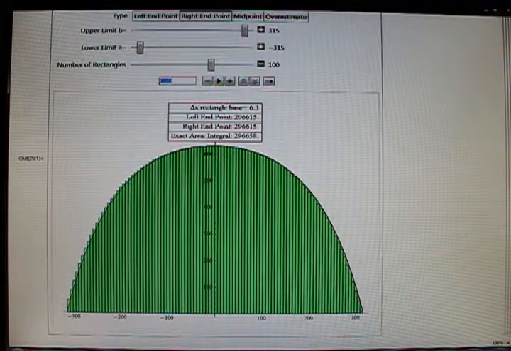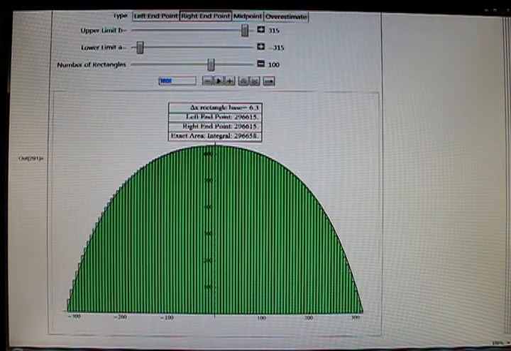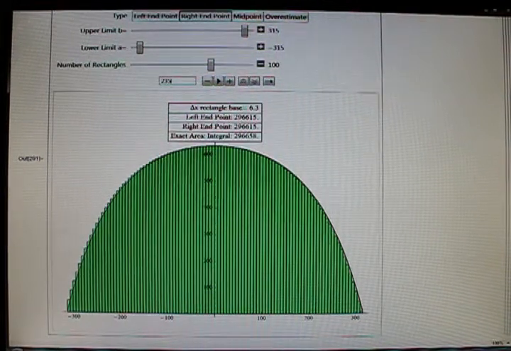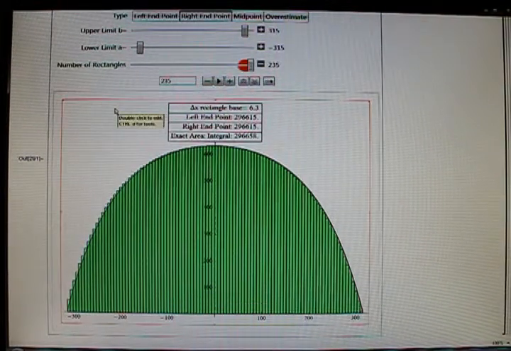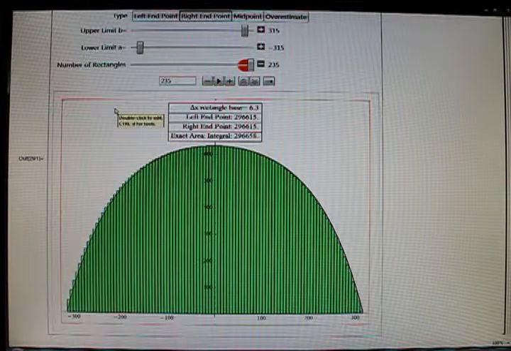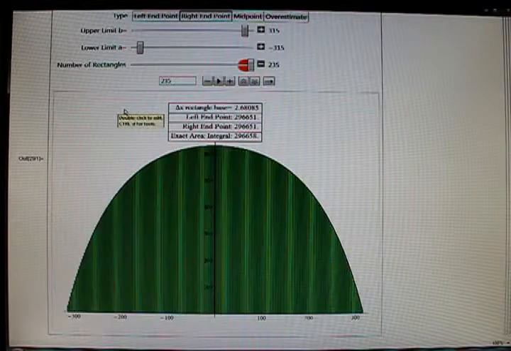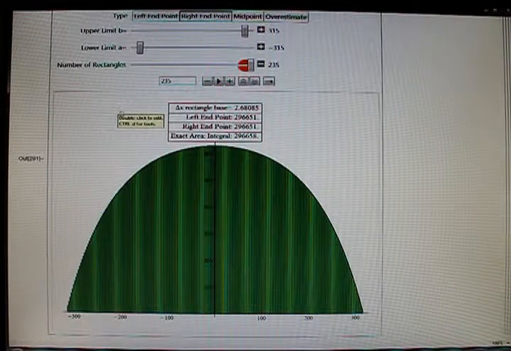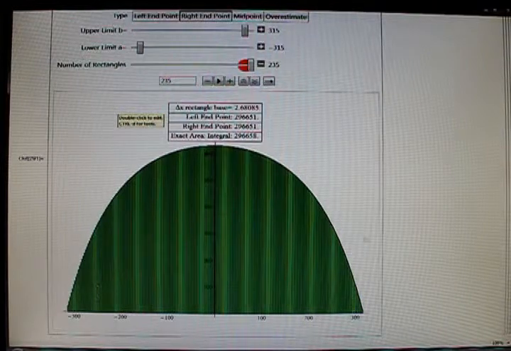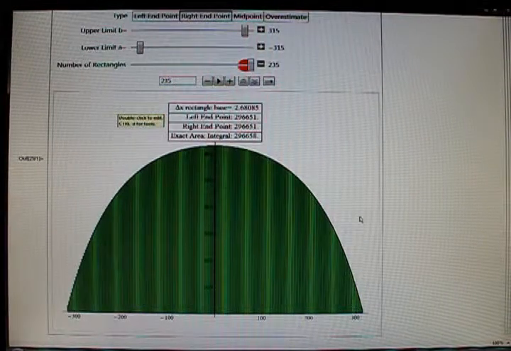On this computer program I can go as high as 235 before it blows up, and this just takes a second to compute. And here's 235 rectangles under the curve, and now you see that we've pretty much calculated the exact area.